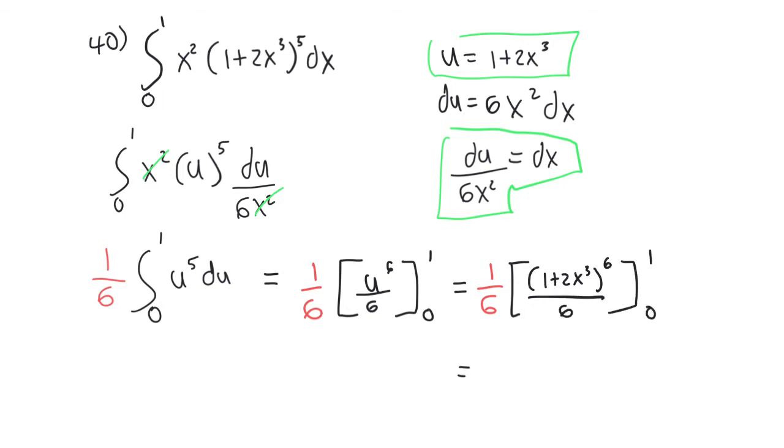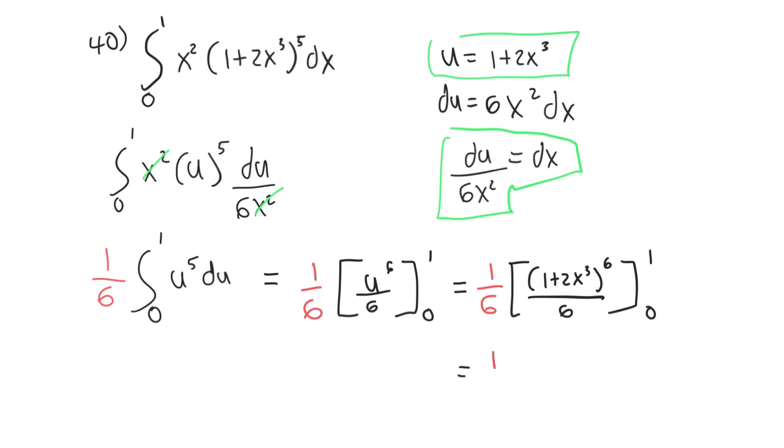Now, it could be the case that you're looking at this and freaking out because, when's the last time you raised something to the 6th power? Probably long ago or never, right? But you just trust the process. Sometimes these numbers, when you plug them in, result in very easy values.